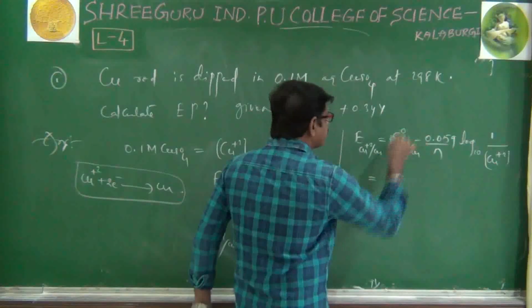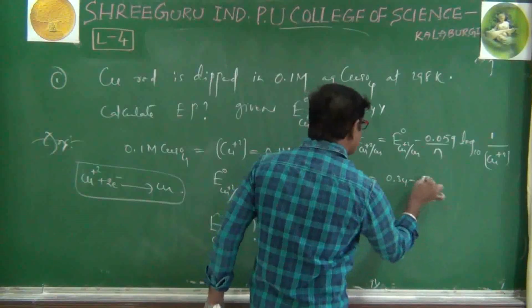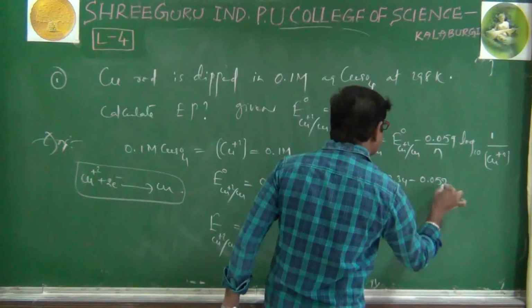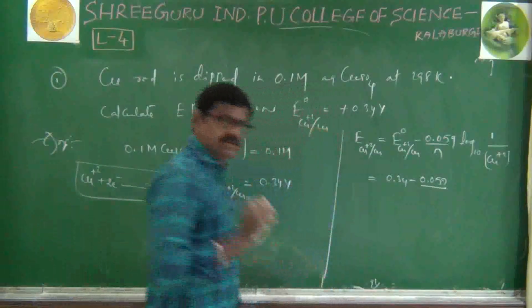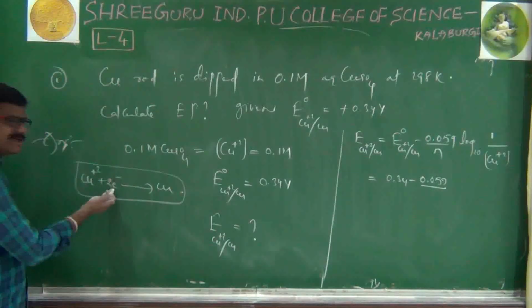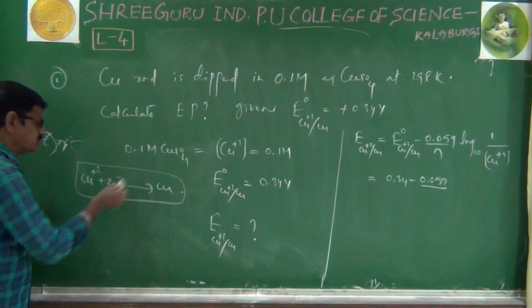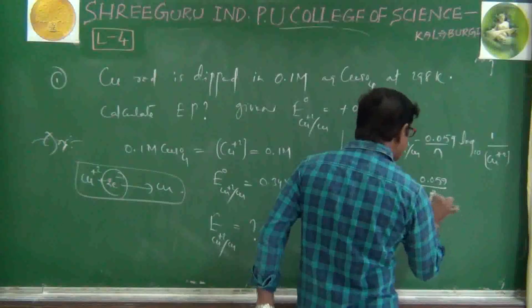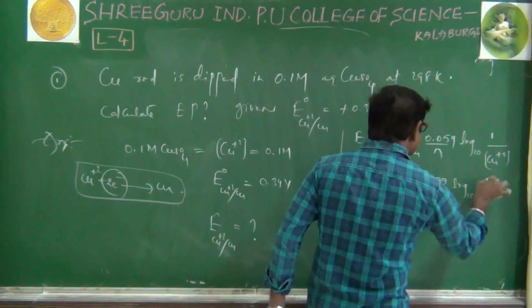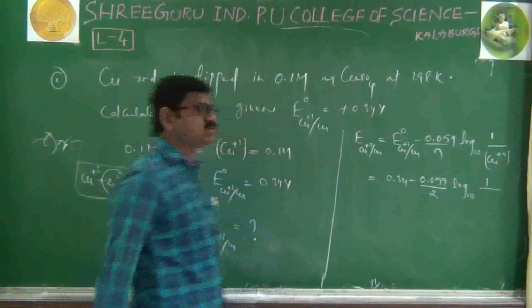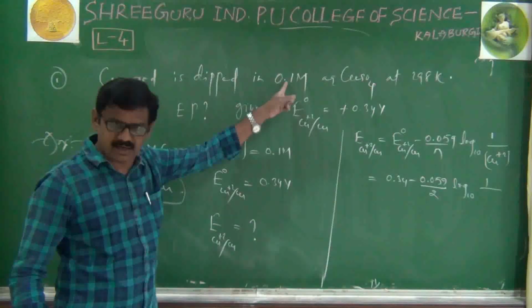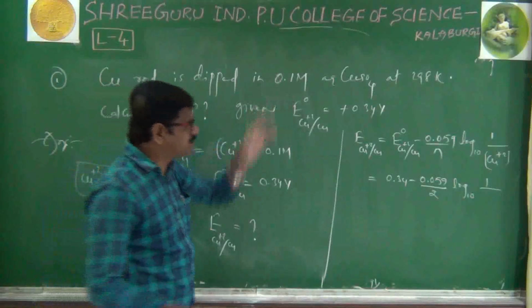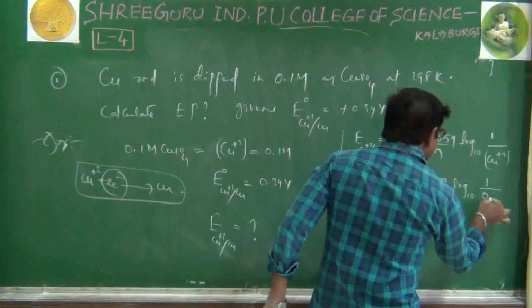Done. E naught value 0.34 minus 0.059 divided by the n value. The n value is clearly indicated here: Cu plus 2 to Cu. How many electrons are involved? Just 2 electrons. Log base 10 of 1 by the Cu plus 2 concentration, which is 0.1 molar, not 1 molar. Therefore 0.1.